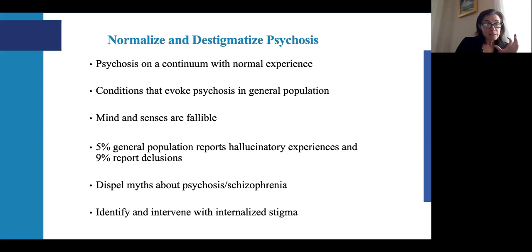So the experiences themselves are not necessarily the problem. The problem is when the experiences are impacting functioning and distress in a way that's making the person unable to sort of live a good life.